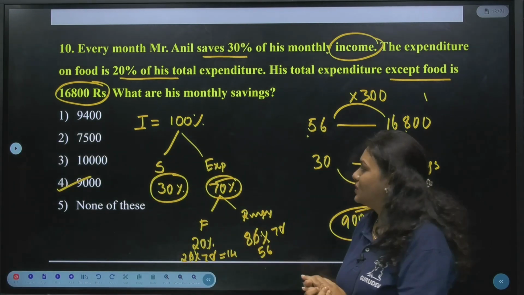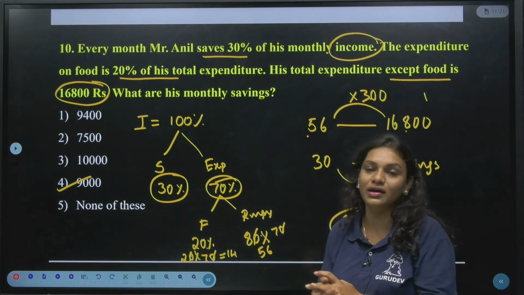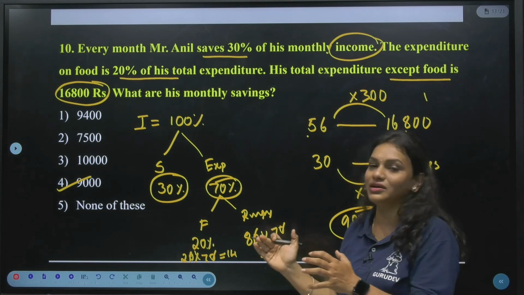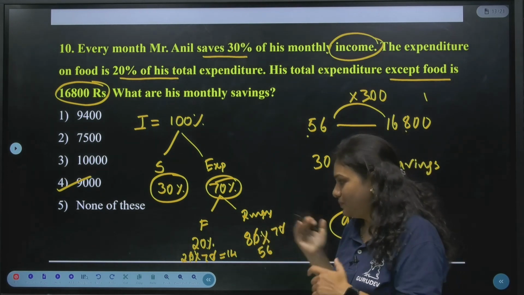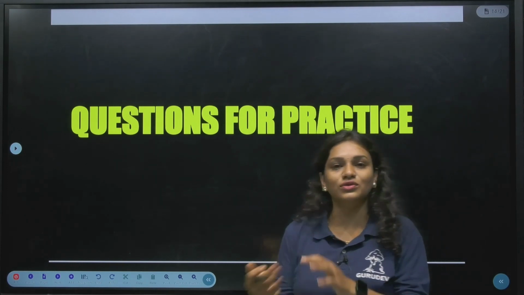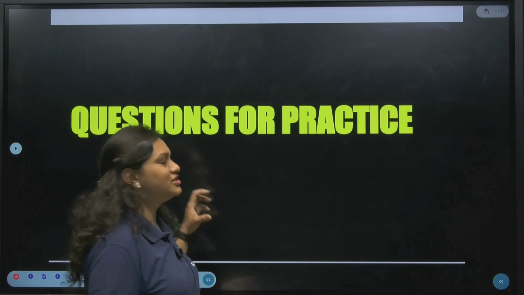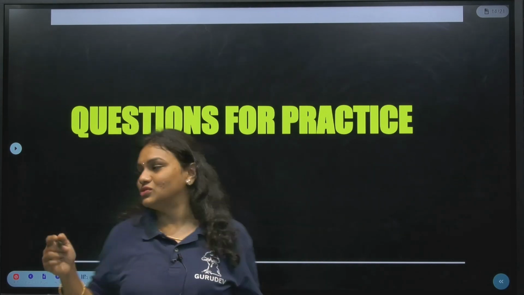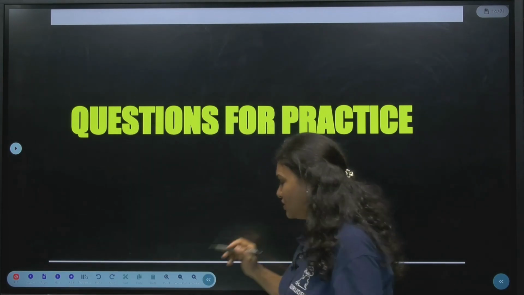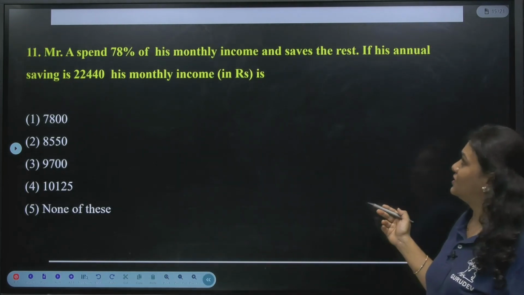See, this is also one of the patterns based on income. So try to analyze it once again. In today's session, based on the concepts we have learned, just practice a few more questions. You can take a screenshot of the questions, guys. This one question is related to income.